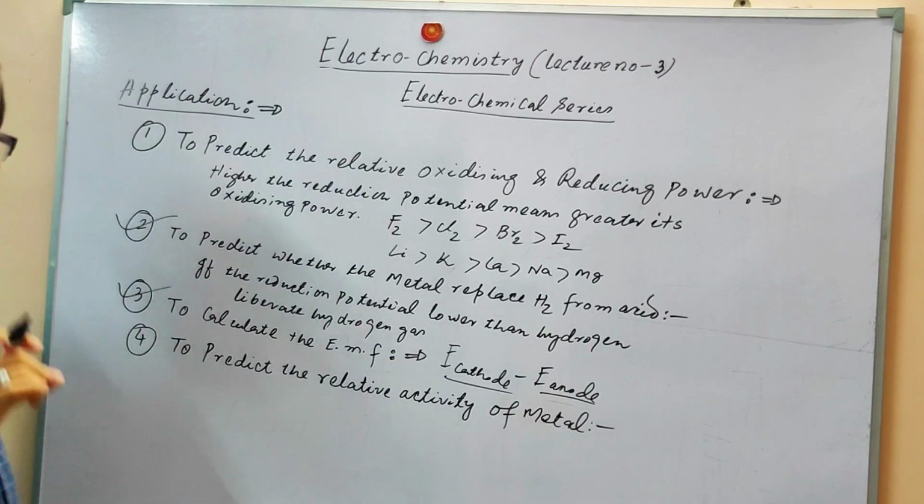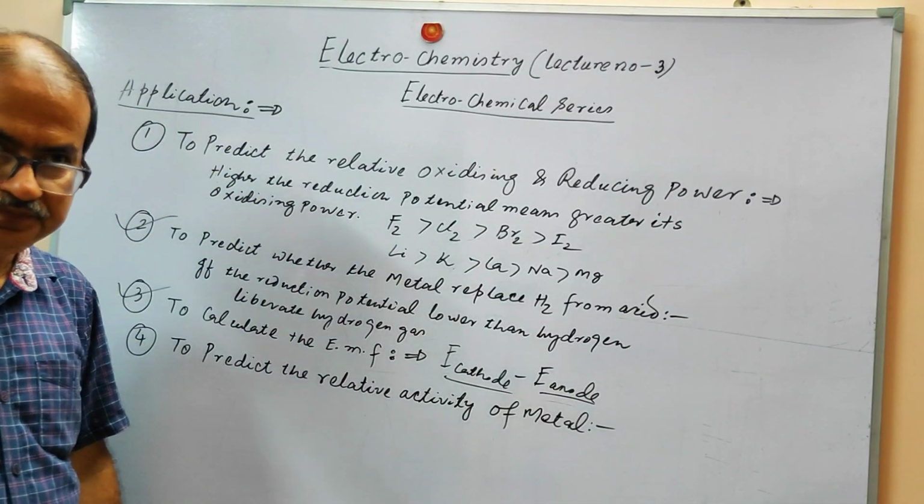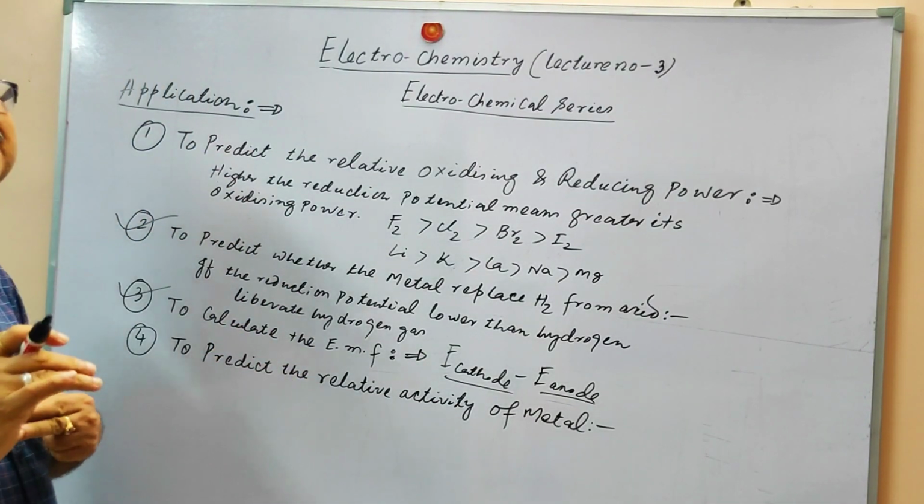This says if the metal has the lower electrode potential, meaning lower reduction potential, it will have higher activity.